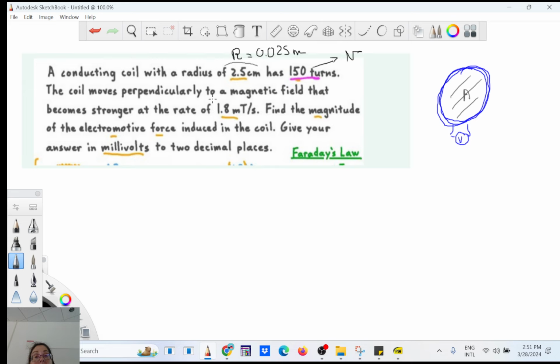Okay, so it's perpendicular to a magnetic field that becomes stronger. So it means that you have a magnetic field here poking through, and it says it's perpendicular. So it's poking through. So that's before, and after.